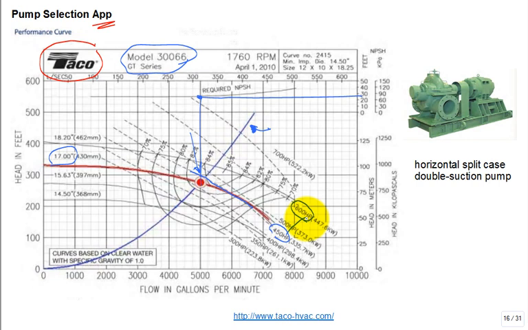It's okay. It's just going to kill your pocketbook when you want to buy it and install it, because a 600 horsepower motor costs a lot more than a 450. The price goes up, up, up, up, up. And then you have to have the footprint for it and the foundation for it, etc. But if you buy a 350 horsepower motor when you need a 450, you're going to get a call back.